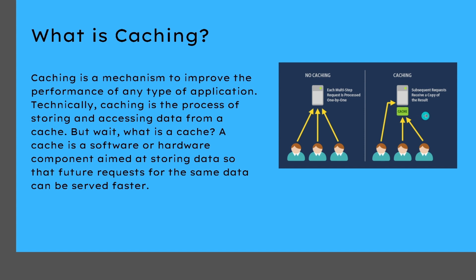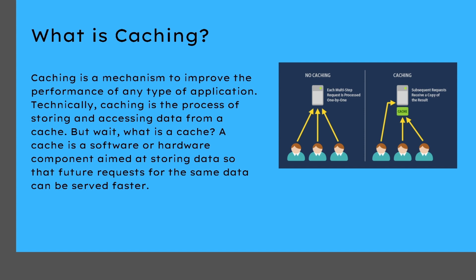It doesn't make any sense to process a duplicate request and send that same data again and again. So that's how caching helps, guys. Duplicate requests, the same data can be served faster with the help of the caching mechanism.